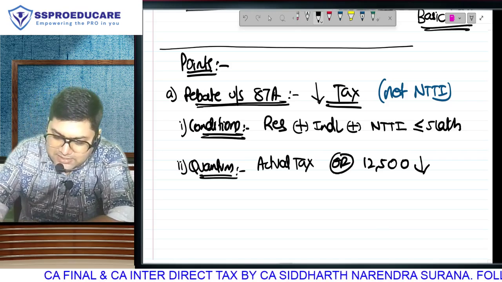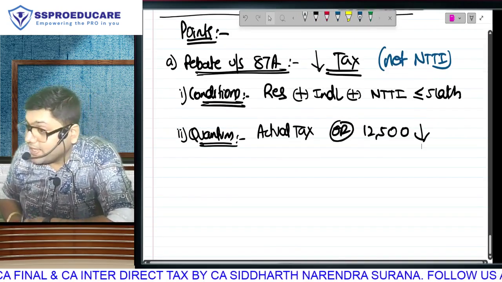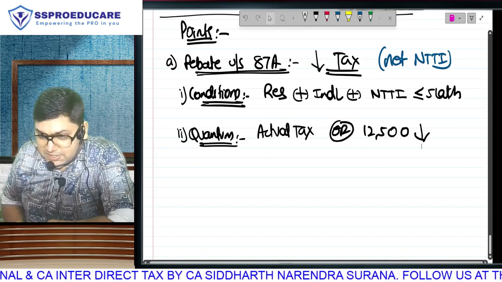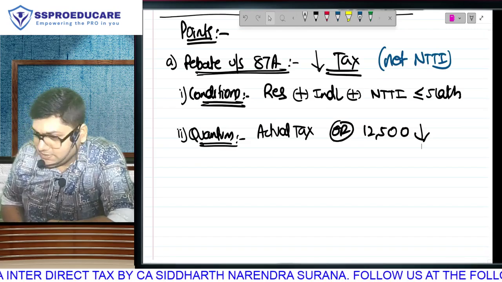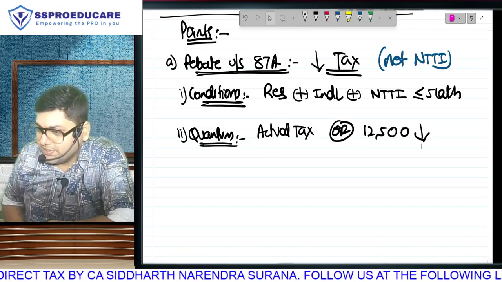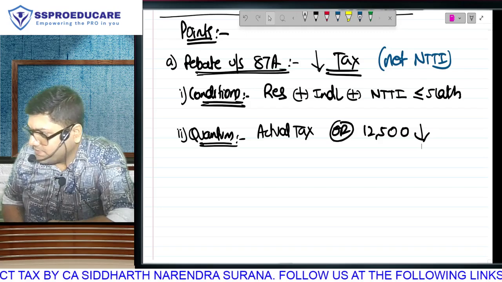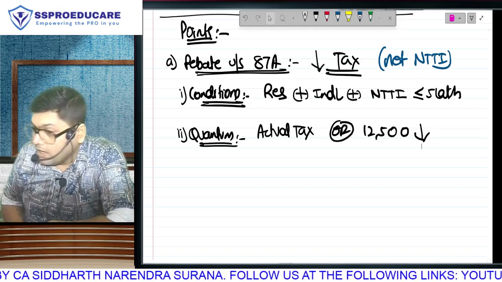Let us understand with the help of a few examples and also clarify some WhatsApp data floating around in the market about calculation of rebate. People say, sir, if it is like this there is no rebate, if it is like that there is no rebate. I leave the choice to you whether to trust WhatsApp forwards and influencers or whether to trust what I speak in class.